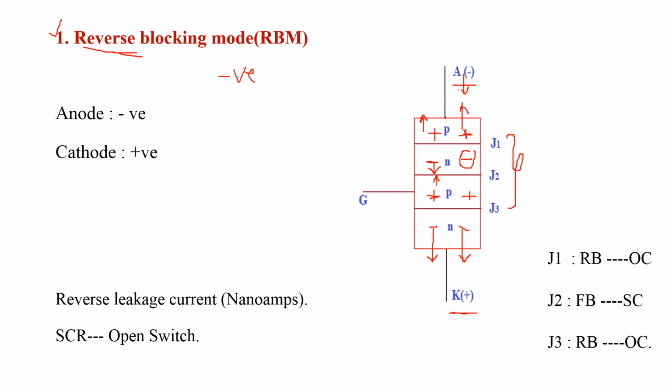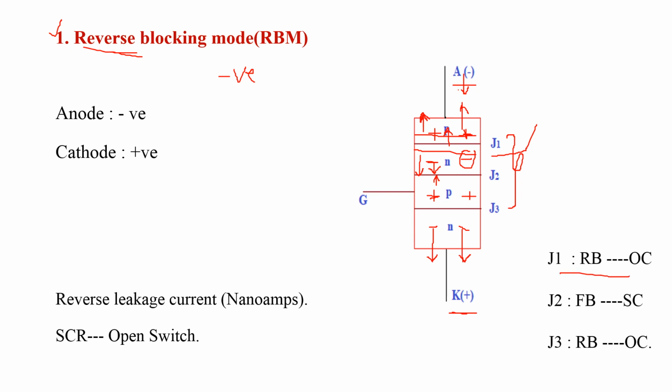Now, if we observe the width of junction J1, it increases. Why? Because holes are moving upwards and electrons are moving downwards. The width increasing means it does not allow current to flow through this junction. So junction J1 is in reverse bias, which acts as an open circuit.